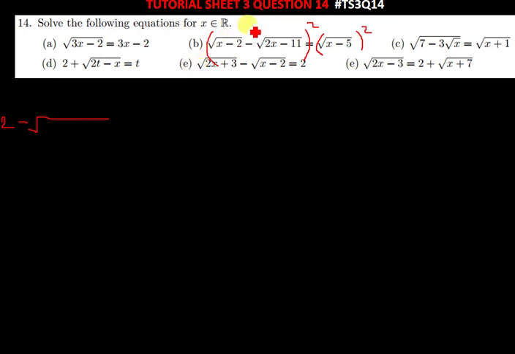So it's just the same as multiplying x minus 2 and 2x minus 11. Okay, let me just write it there for simplicity's sake: x minus 2, and then we have 2x minus 11.